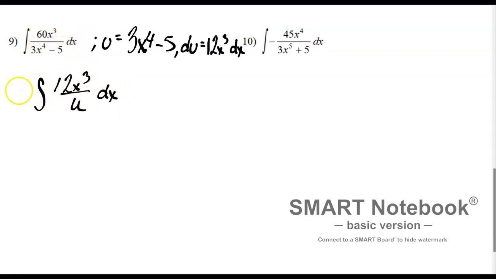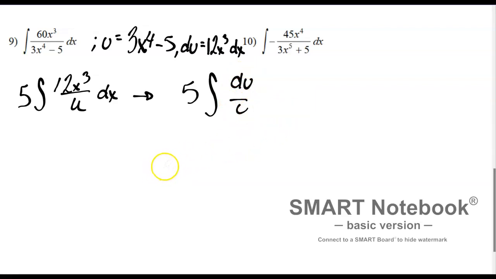And I notice that I have a factor of 5 in addition. Notice how I'm addressing this now, I can do what? du over u.